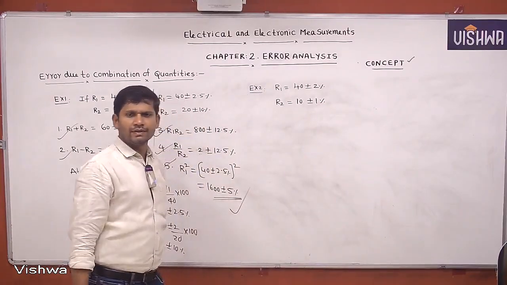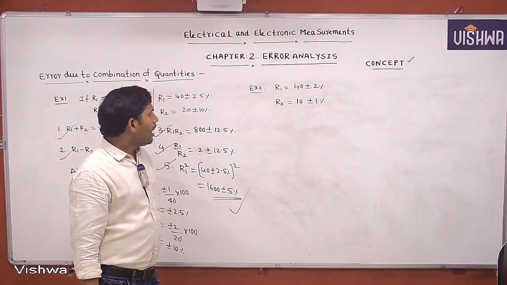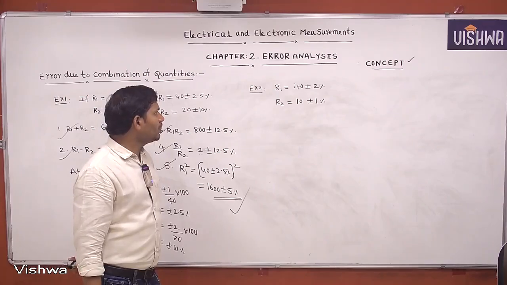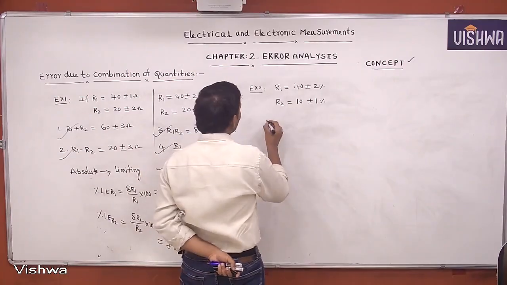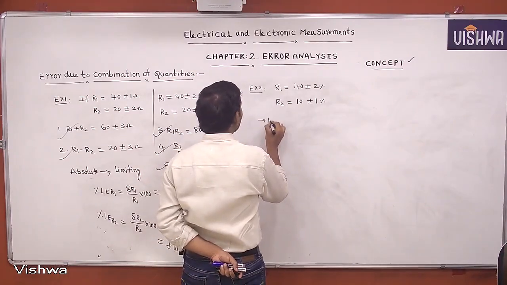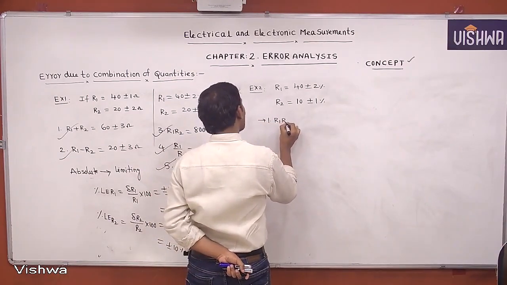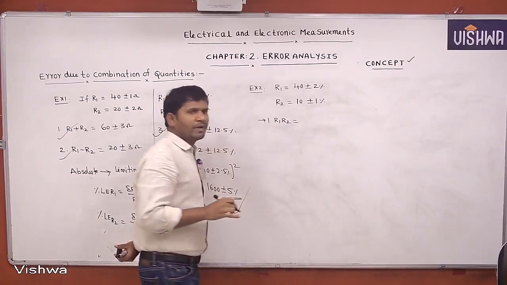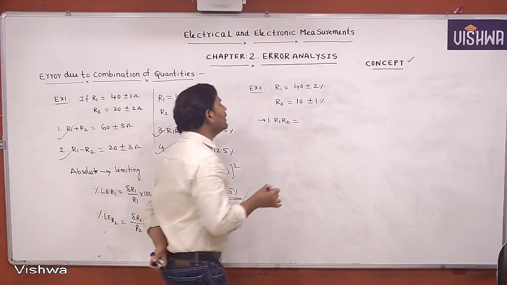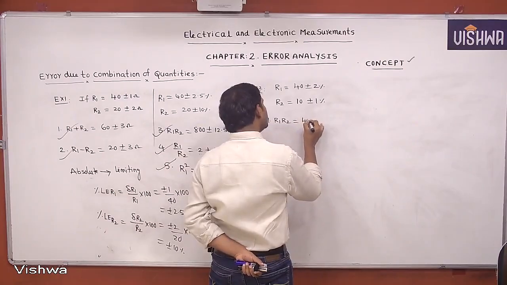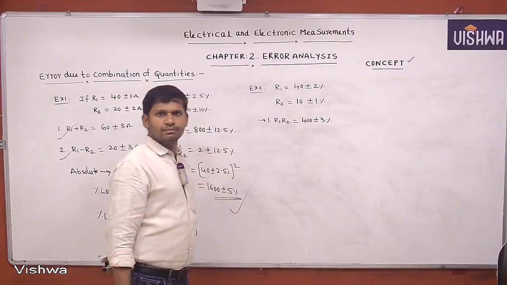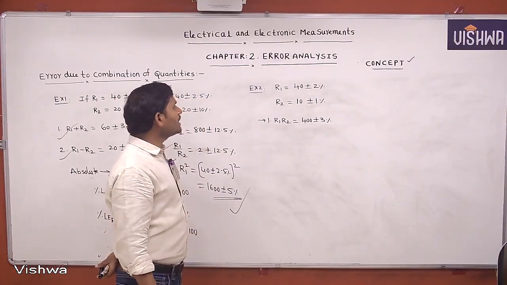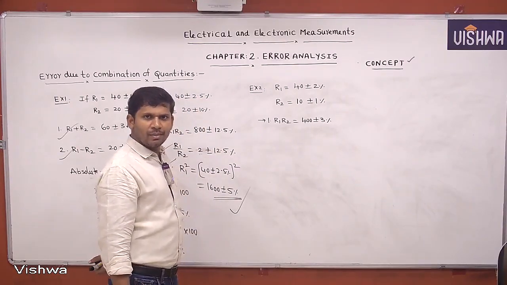If it is given like this, then how to calculate R1 into R2, you tell me. R1 into R2 equal to how much? Yes, 40 into 10, 400 plus or minus 3%. Correct? Limiting errors are added directly because it is a multiplication.